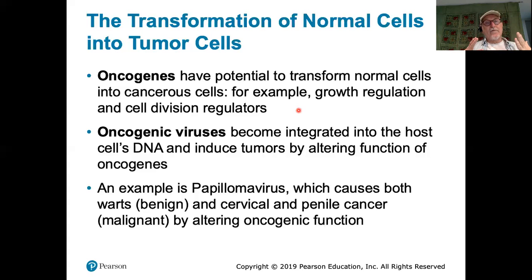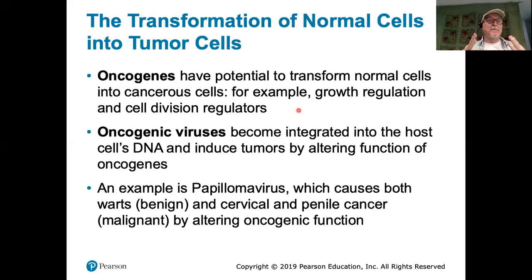Now, in their acute phase, all that happens is the cells reproduce rapidly, and they produce what we recognize as a wart. But those warts are very soon recognized by our immune system and are destroyed. But certain strains of papillomavirus, inserting into the correct cells, for example, cervical cells of the cervix, can actually alter the function of oncogenic genes.